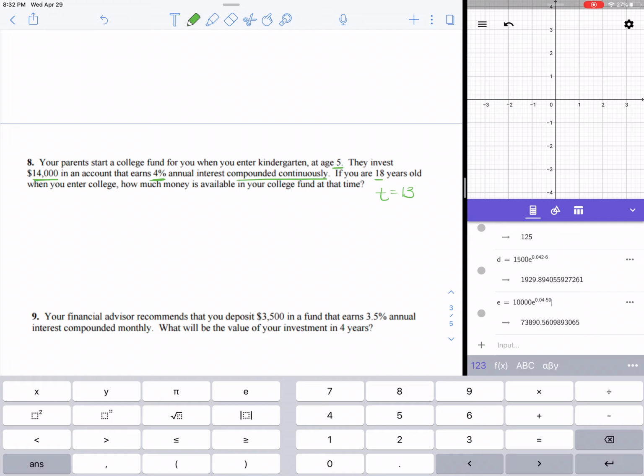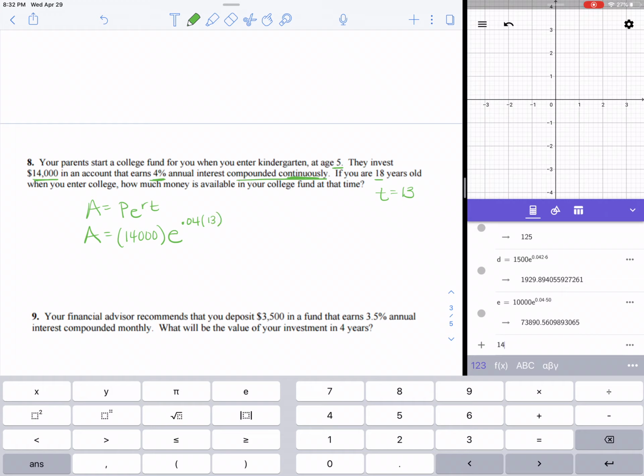So that was the little trick of this one, why I didn't want to give it to you. PERT formula, because it says continuously. So the amount in the account would be the principal, which is the 14,000, times E to the rate, which is 0.04, times the 13 years that we just discussed.